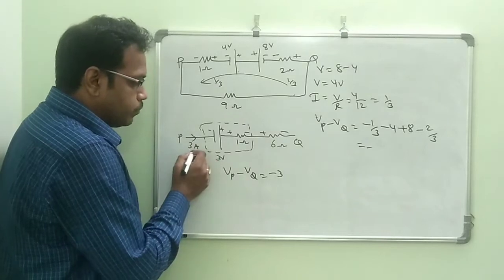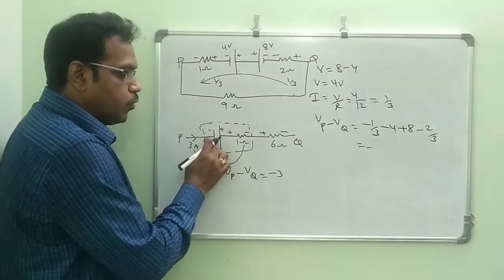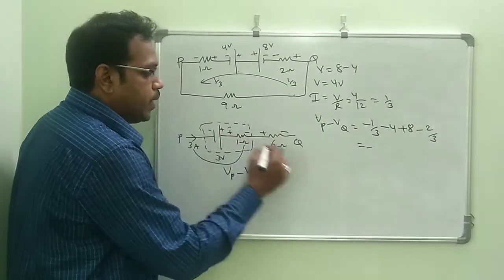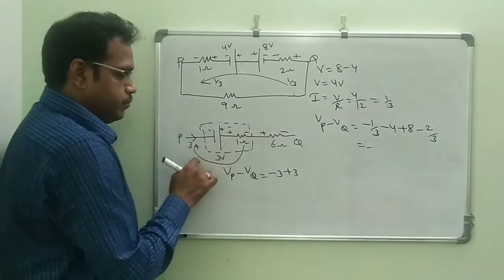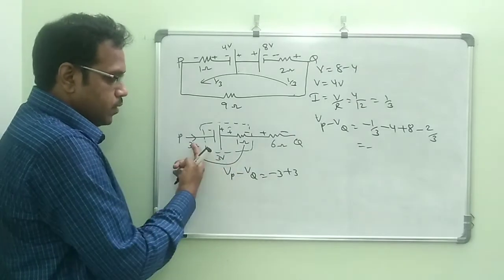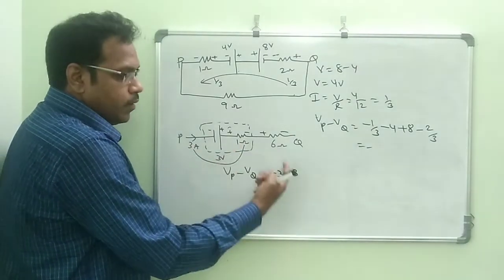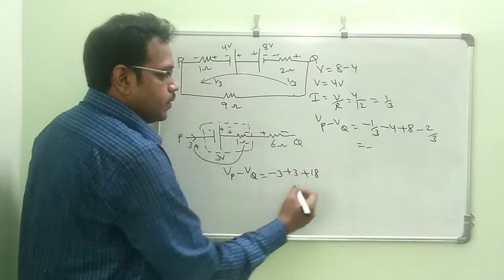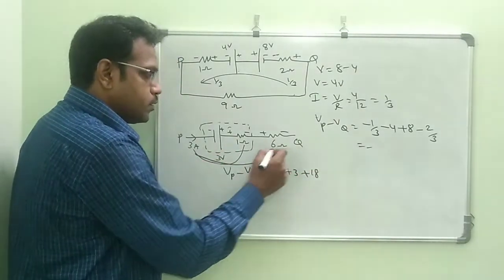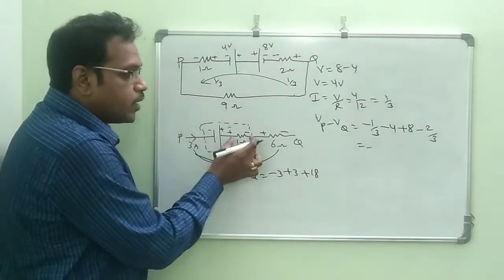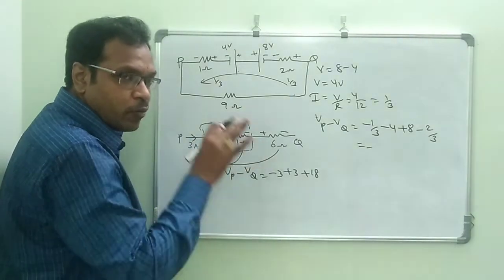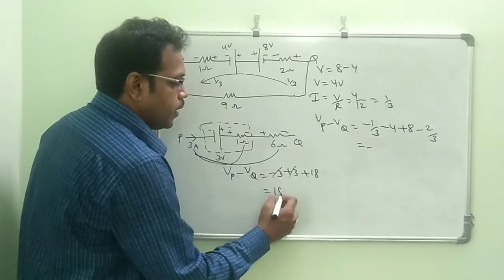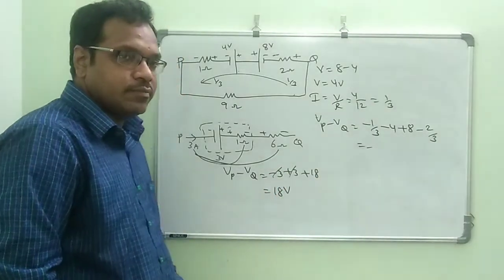So 3 into 1, minus 3; then the same direction, plus 3, 3 into 1, plus 3; next this also, plus 18, 3 into 6, because when current goes inside, potential drop, Ohm's law, IR. Cancel, easily you get 18 volts.